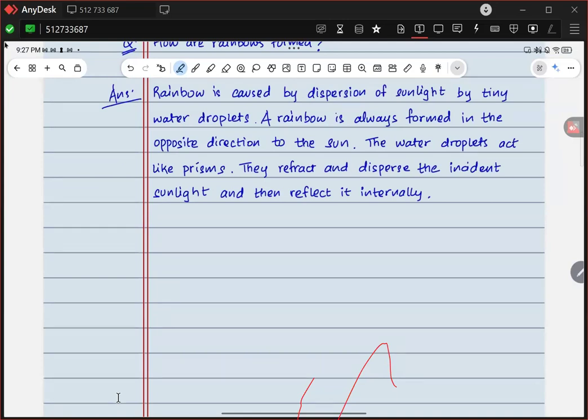So due to this, the dispersion and internal reflection of sunlight, the rainbow is formed.